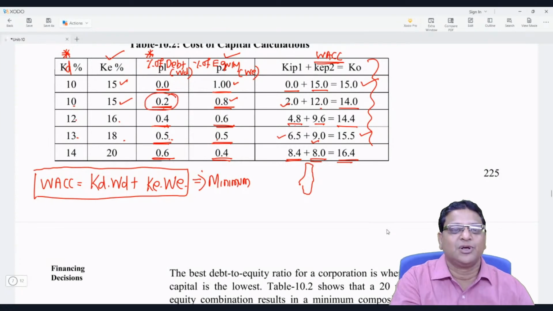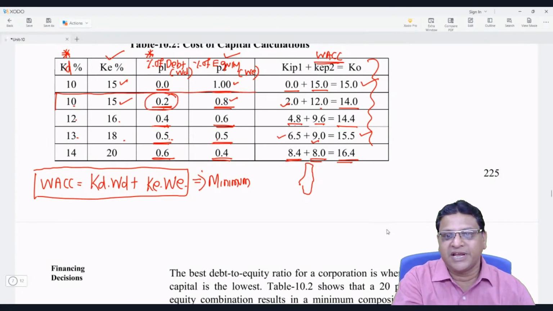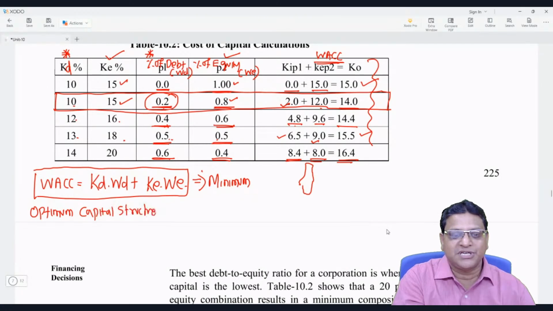Second case means the company should use, here it is minimum. In the second case it is minimum, it is coming 14%. So what is the best capital structure? The best capital structure or optimum capital structure is where the company uses how many percent debt? 20% debt.